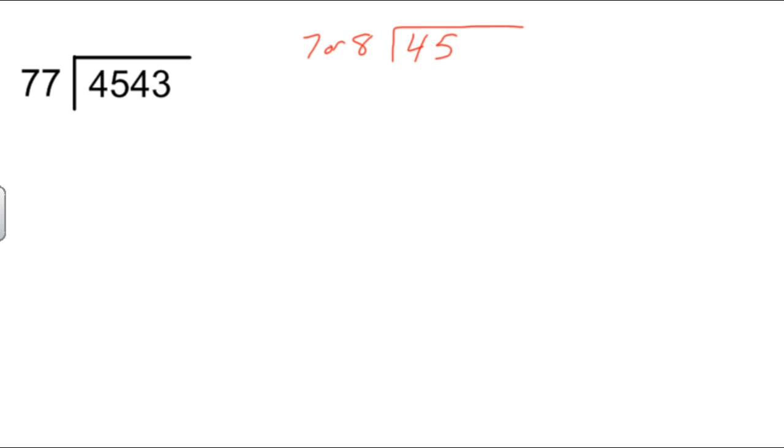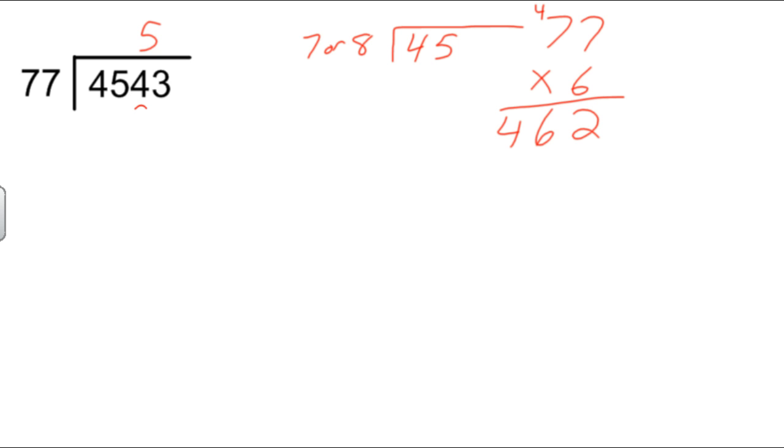So I'm going to hopefully try 6. So 77 times 6, 42, carry the 4. 6 times 7 is 42, plus the 4 is 46. That is too big. Okay, that's not going to work. So I know it's going to be 5.